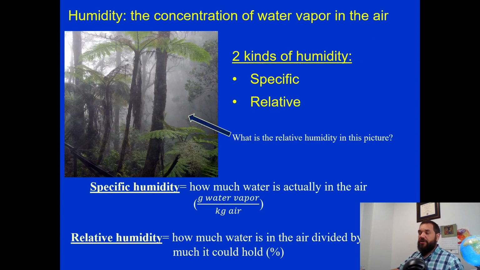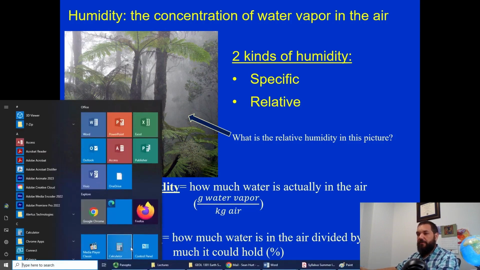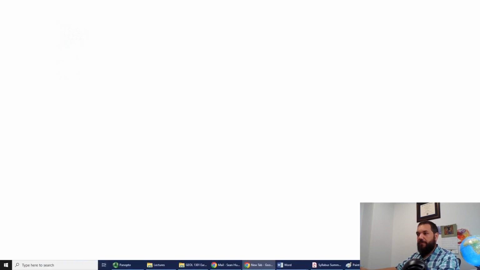So this term humidity, it's the amount of water that is in the air, okay? And there are two different ways that we think about humidity. There's something called specific humidity, and there's something that you're probably more familiar with called relative humidity. Usually when you listen to the weather report, like for example, if I were to go and pull up the weather, right?